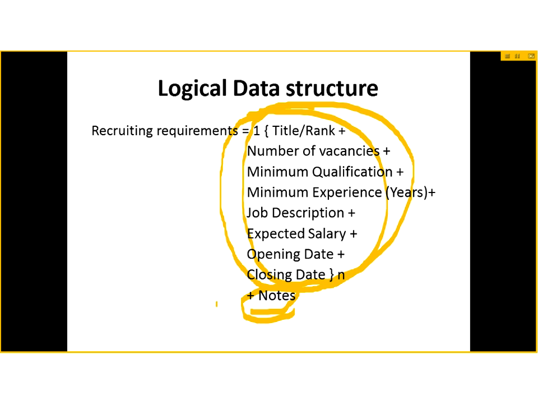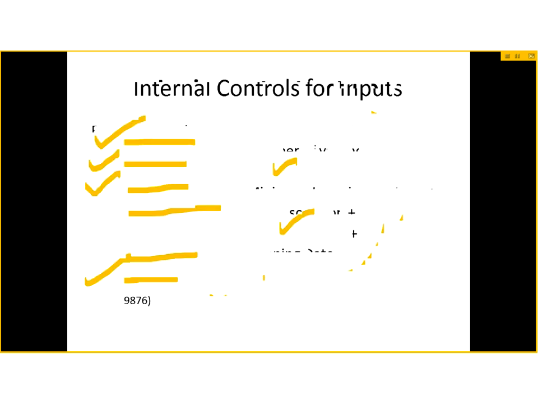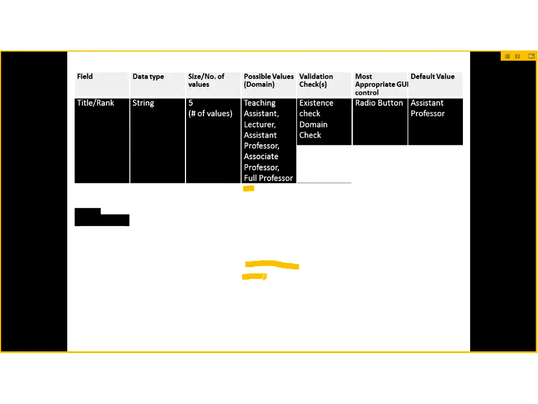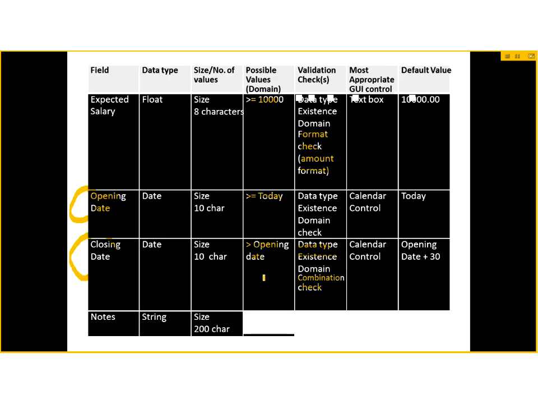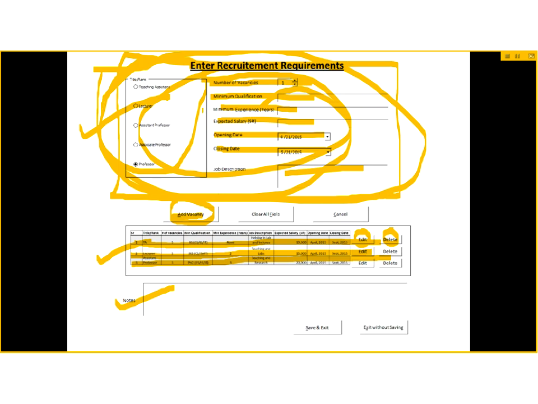If you remember, all these fields were in 1 to n blocks. Let me take you back to this slide. In my logical data structure, these fields were in a 1 to n block, right? And this field is only given once, right?